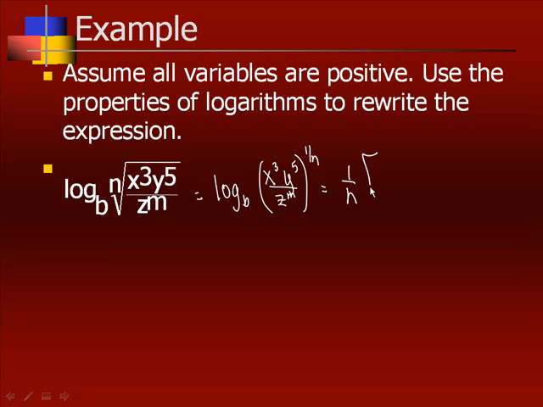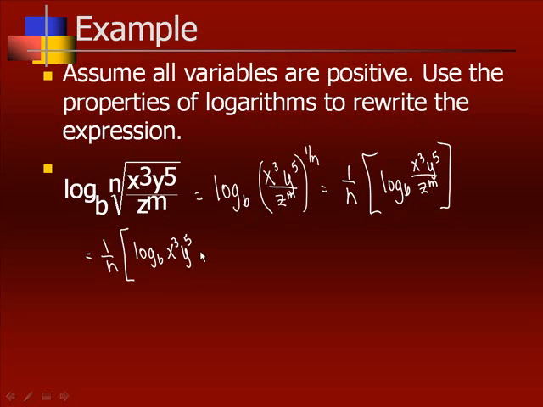Okay, so we've got 1 over n times the log of x to the third, y to the fifth, over z to the m. I'm just going to leave that 1 over n out front for a minute. The log, these are all base b, of x to the third, y to the fifth, minus the log base b of z to the m.